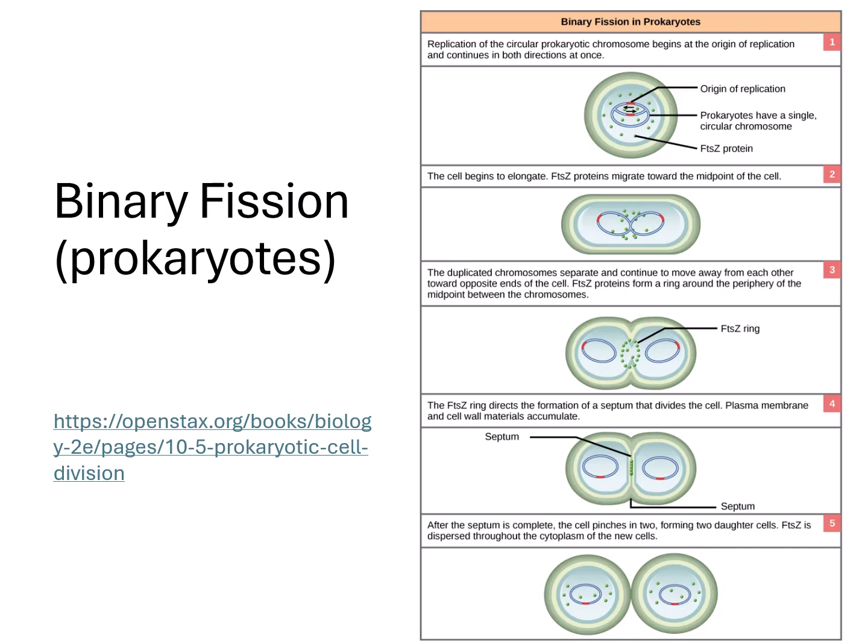Binary fission in prokaryotes is summarized here. First, the prokaryote makes a copy of its DNA or chromosome. Then the cell elongates, and the chromosomes begin to move to the opposite ends of the cell. The cell membrane and wall invaginates, forming a septum between the 2 chromosomes. Eventually, the septum will be complete, and the cell pinches in 2, forming 2 daughter cells.